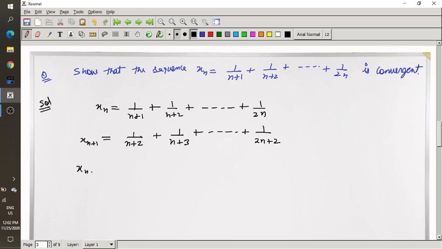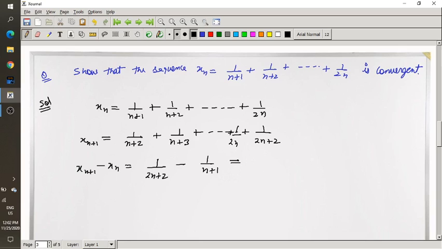So now I will subtract xn plus 1 minus xn. On simply subtracting these terms, what will I get? This term will be cancelled, this minus this, and so on, or the previous term will be 2n. So this will also be cancelled, and I will be left with 1 upon 2n plus 2 minus 1 upon n plus 1.